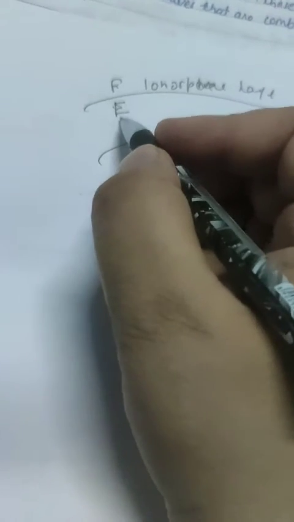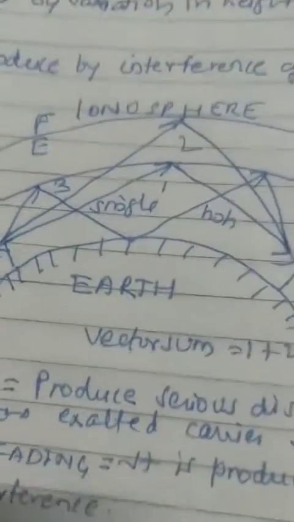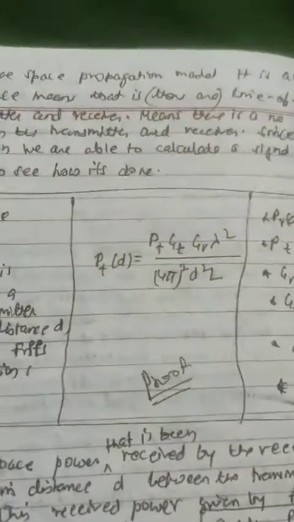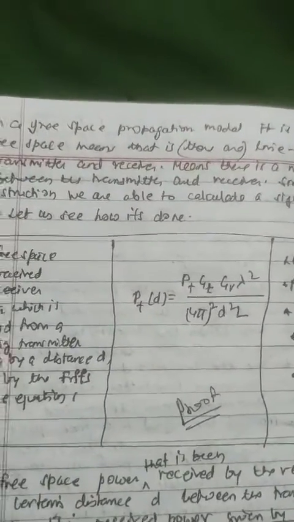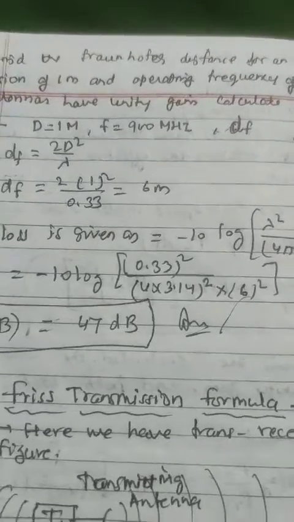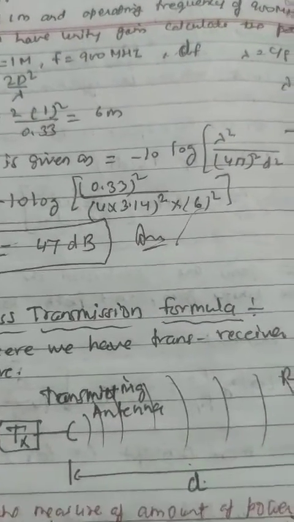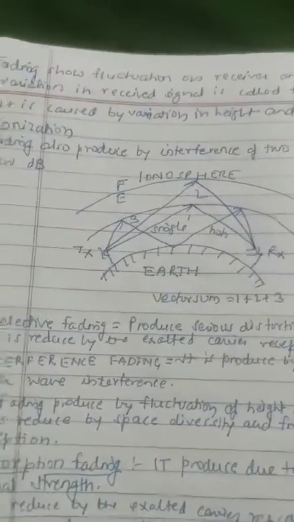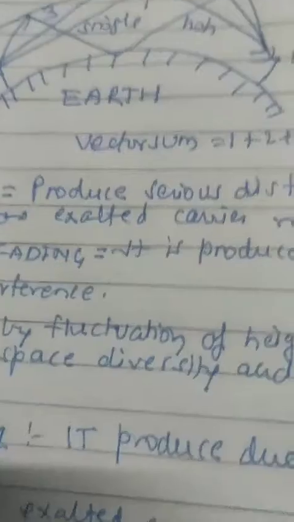It is divided into two layers, F and E, and below it is the troposphere.